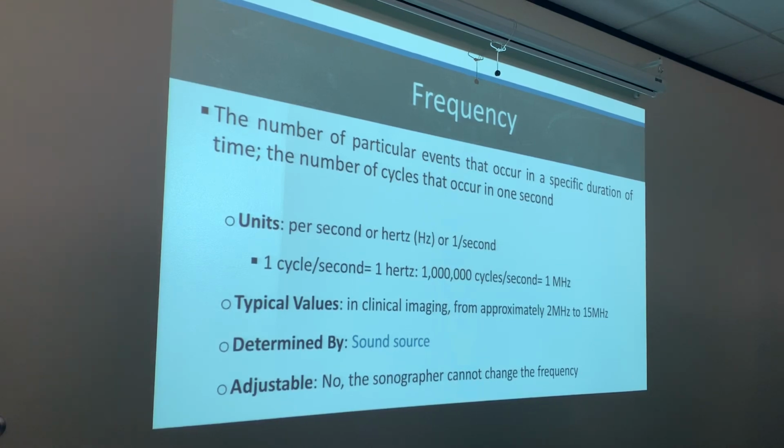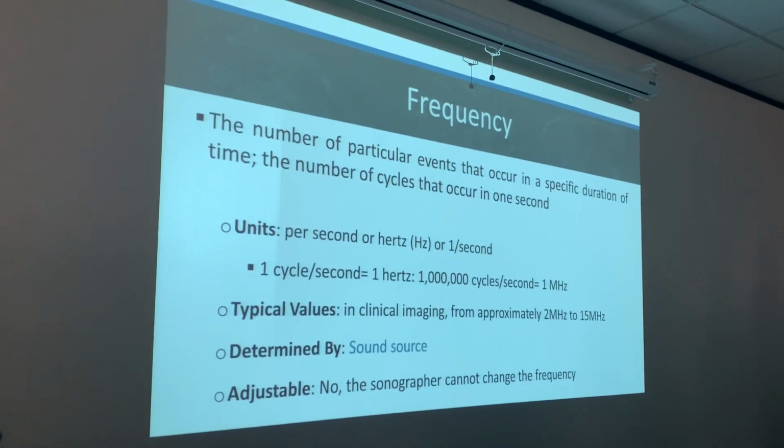All the ones that you guys have used so far, because you use the C5, right? A 5 megahertz transducer. You use the 8 megahertz transducer in clinic, a 9 megahertz, a 12 megahertz. Remember, that's for the superficial structures. Remember, the higher the frequency, the more detail. The higher the frequency, the better the detail of an image.